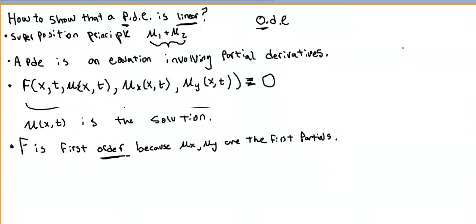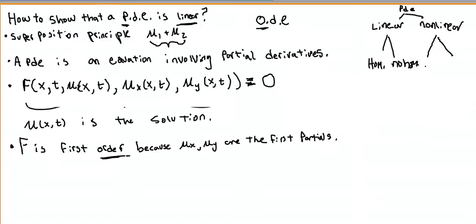So we have linear, nonlinear. A PDE could be linear, nonlinear, homogeneous, non-homogeneous. Same thing with nonlinear: homogeneous, non-homogeneous.